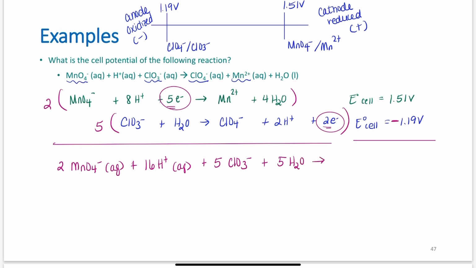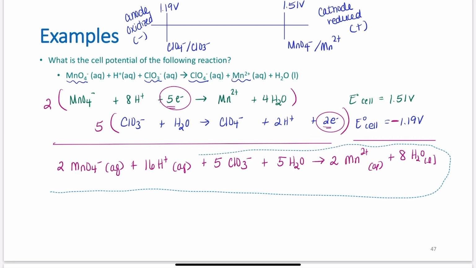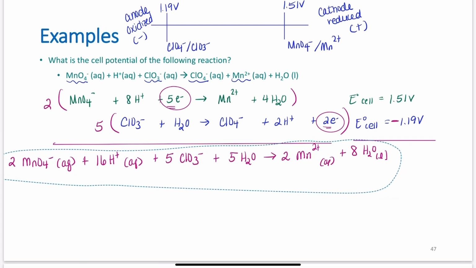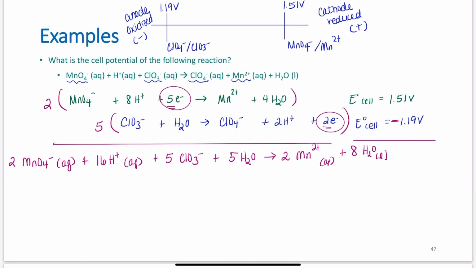Plus 5 water is going to give me 2 Mn2 plus, aqueous. Plus 8 H2O liquid. I'm definitely going to run out of room. Plus 5 ClO4 minus plus 10 H plus.